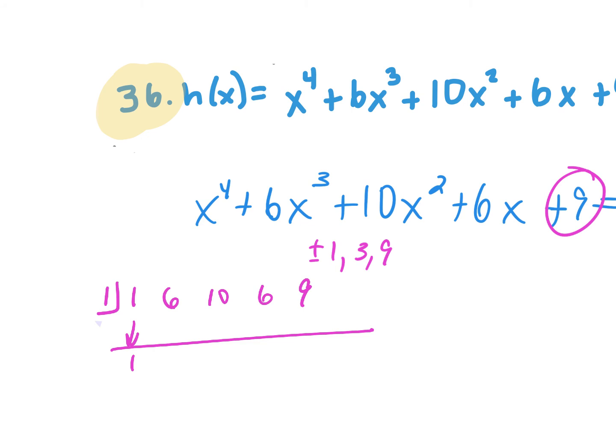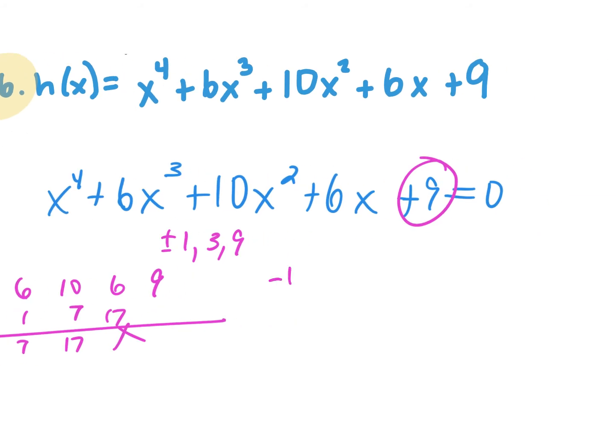Bring down the 1. 1 times 1 is 1. 6 plus 1 is 7, times 1 is 7, 10 and 7 is 17, 20. Is this going to work? No, right? This ain't going to work. Go to negative 1. 1, 6, 10, 6, and 9.